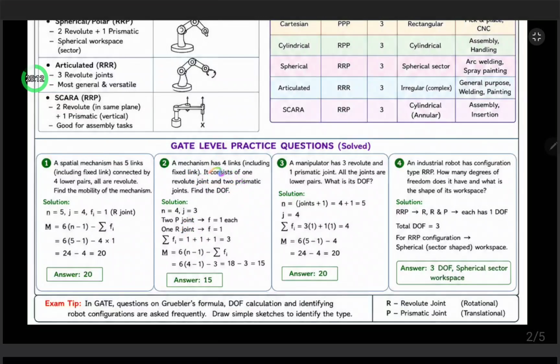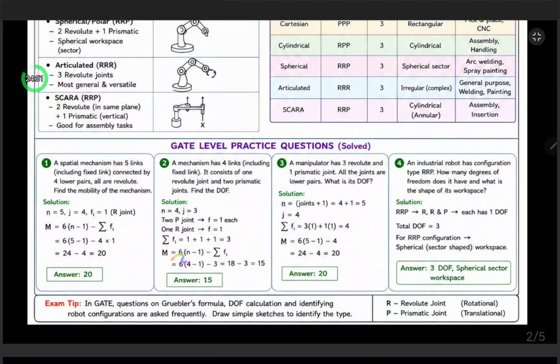A revolute joint and 2 prismatic joints are there, it is mentioned already. So 2 P joints, f equal to 1 for each, and for the R joint also f equal to 1, so there are 3.